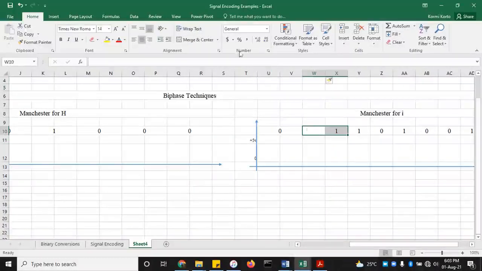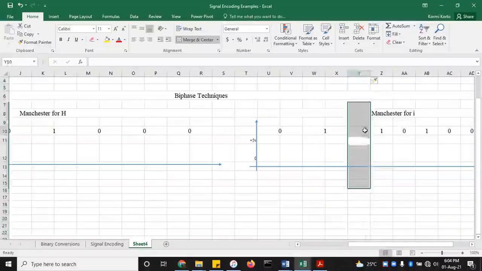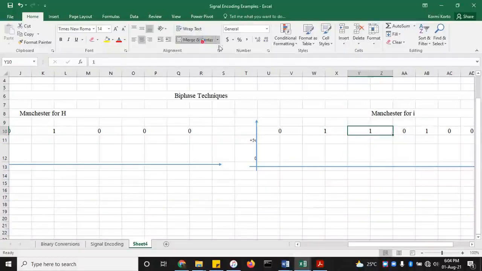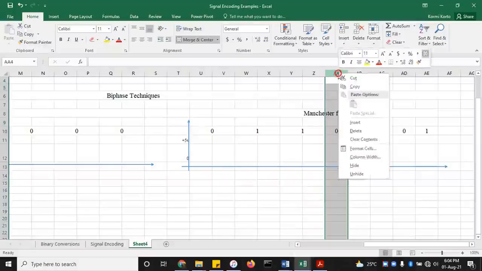Quite a tedious process, but that's how you go about it, especially when it comes to assignments and what have you. You want to have it done nicely, and this is the best approach.